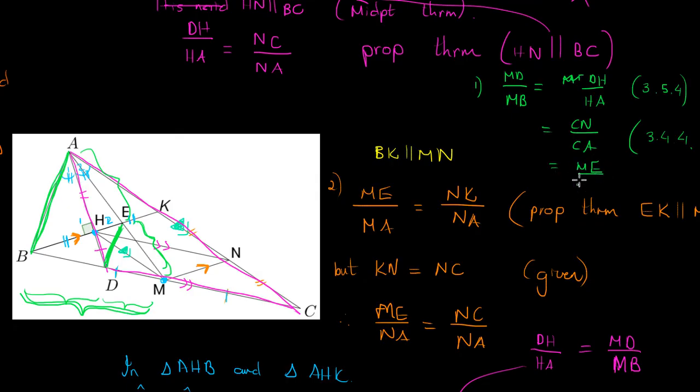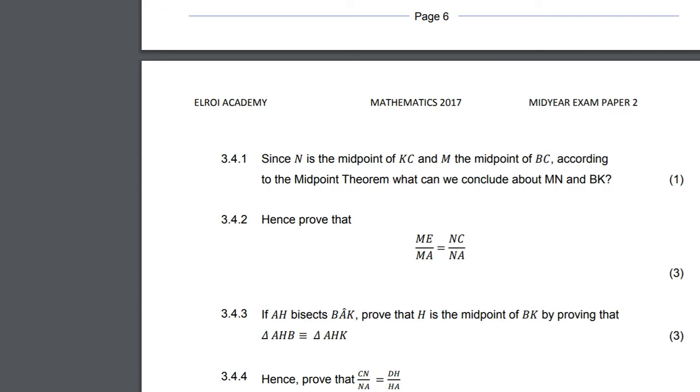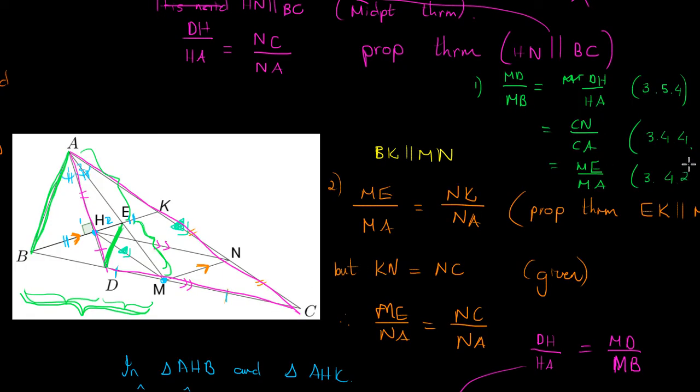This comes from question 3.4.2. And that's exactly what I wanted to prove. That MD, this portion divided by that portion, is equal to ME over MA. And that's what I've proven.